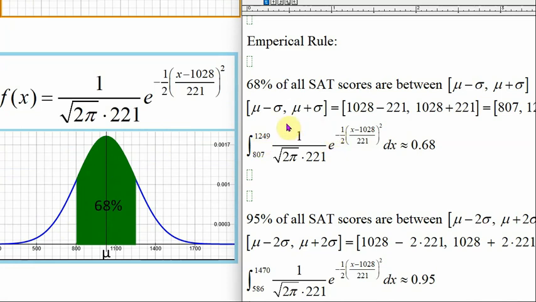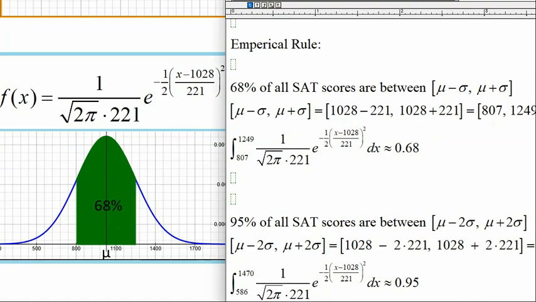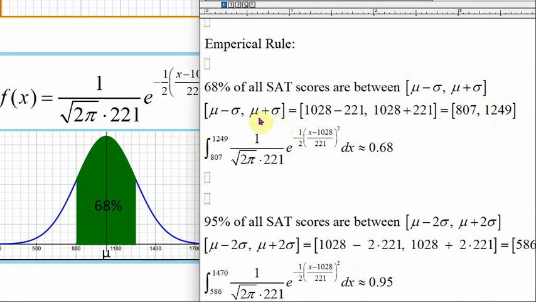So in this case, mu minus sigma is 807, and mu plus sigma is 1249. And so the empirical rule says that about 68% of all SAT scores are between 807 and 1249.